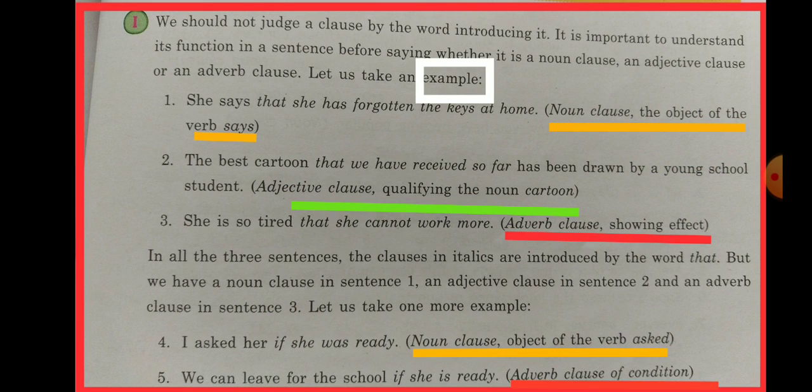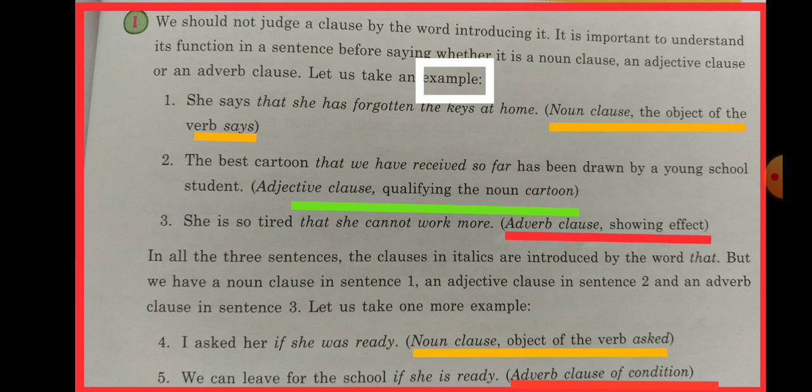Now, the thing you have to remember, which can create confusion regarding the introducing word: sometimes we judge a clause by the introducing word, but it is not necessary that the introducing word will always be used.